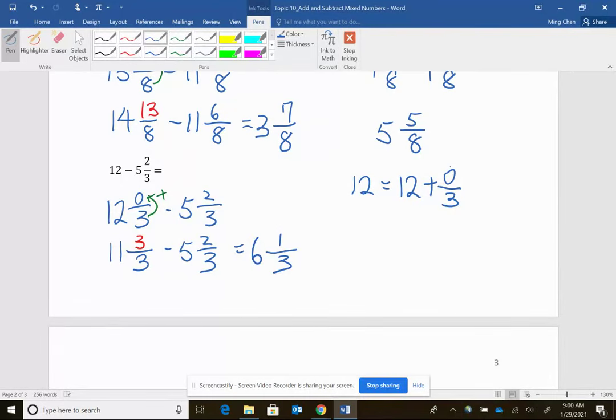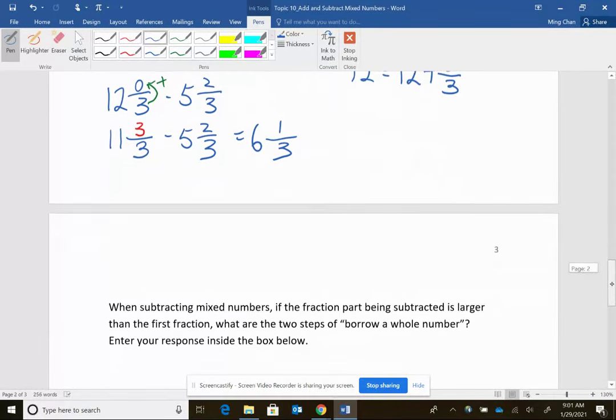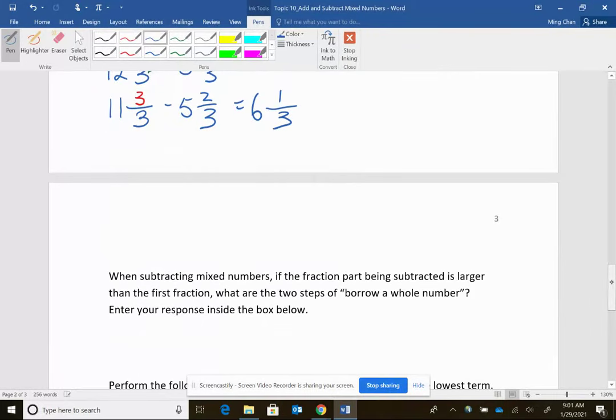Because technically, you're actually trying to take a whole number, subtract a mixed number. So if you don't consider the fraction part needs to be subtracted, that will be incorrect. So this is showing you that the fraction portion of the mixed number also needs to be subtracted. All right. So let's take a look at some of your homework problems.